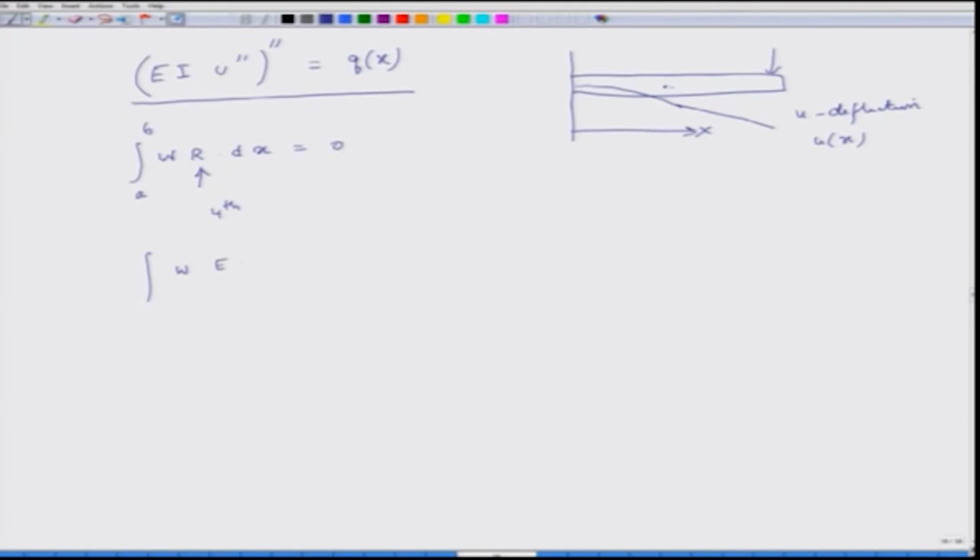R is EI Cj phi j, summation i equal to 1 to n, you differentiate it 2 times, minus q dx, right. This is my residue.